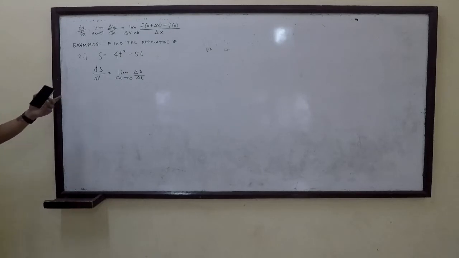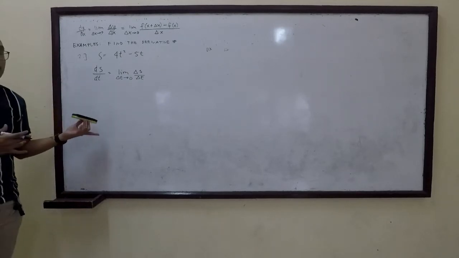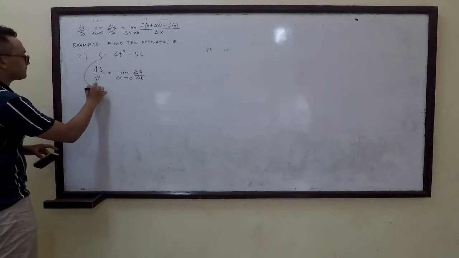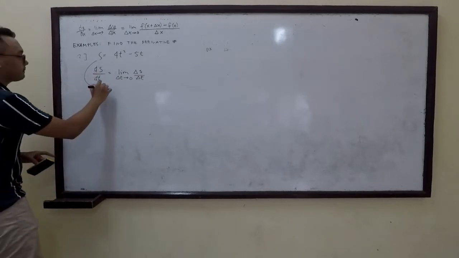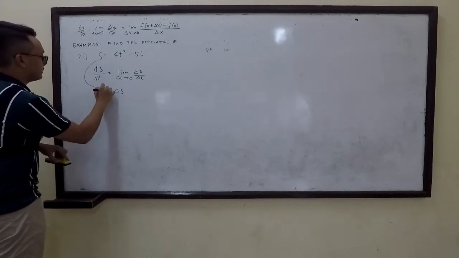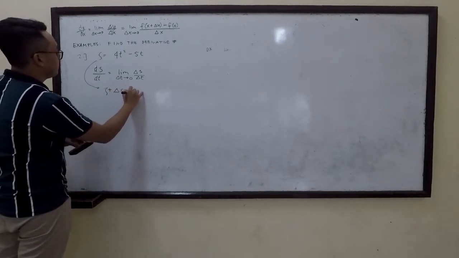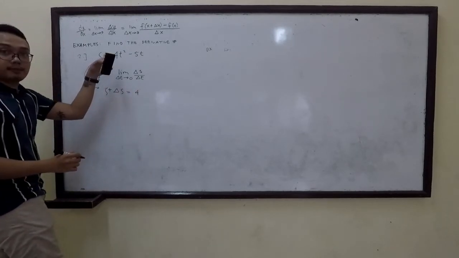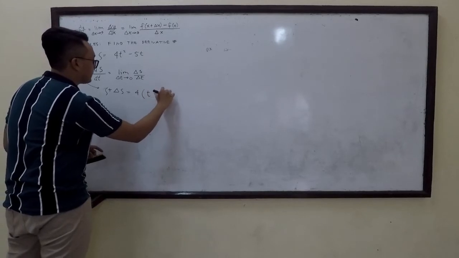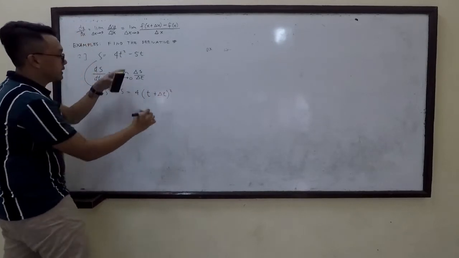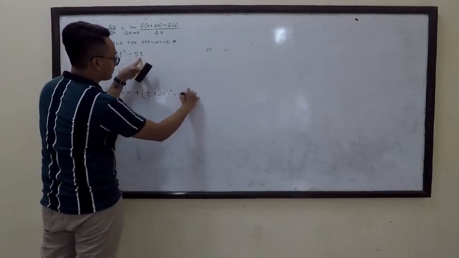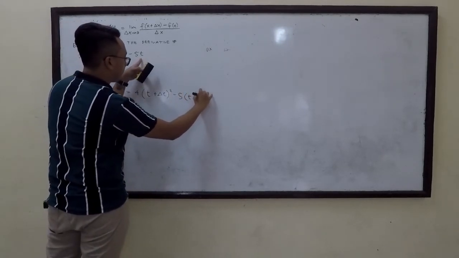Okay, so we need to get the delta s. To do that, s will become s plus delta s, then t will become t plus delta t. So this is just t plus delta t squared minus 5 times t plus delta t.